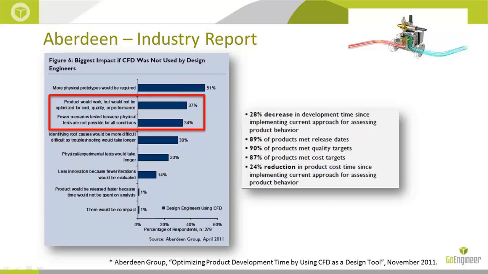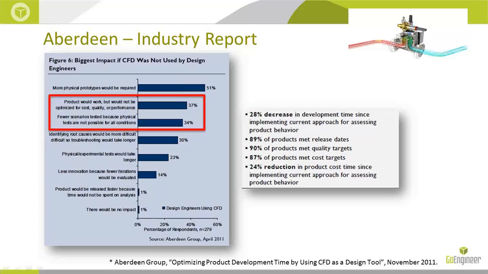Zeroing in on our topic from today, these what-if scenarios and optimization, they found that 37% of engineers that were using CFD said the product would work, but probably not be optimized for cost, quality, performance if they were not using CFD anymore. 34% of them said that fewer scenarios would be tested because physical tests are not possible for all conditions, again, when not using CFD.